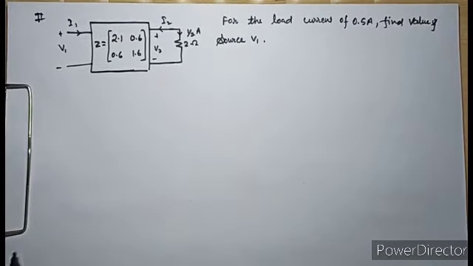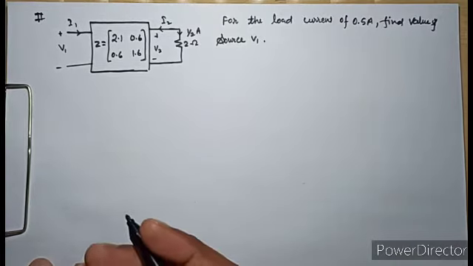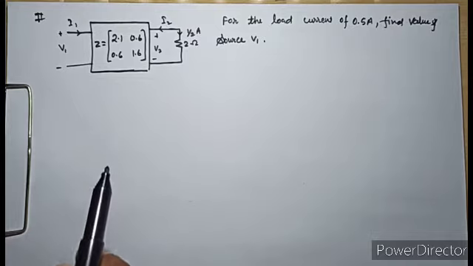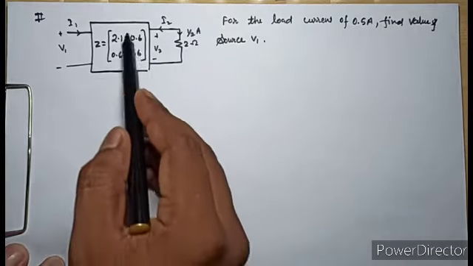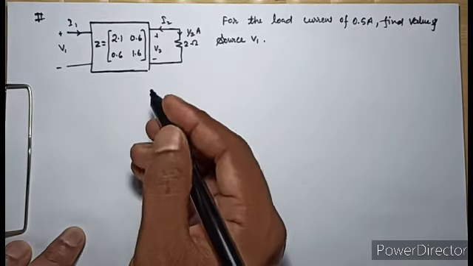Okay, now recall, in yesterday's class we calculated the Z parameters of a standard T network. So in a reverse way, if Z parameters are given, we can represent them by a T network.